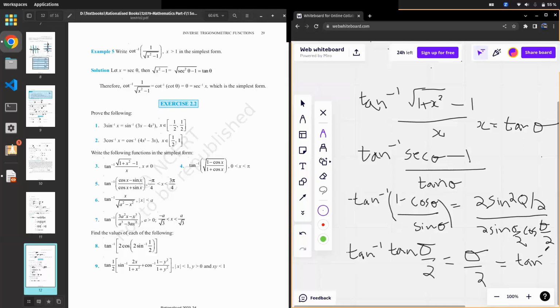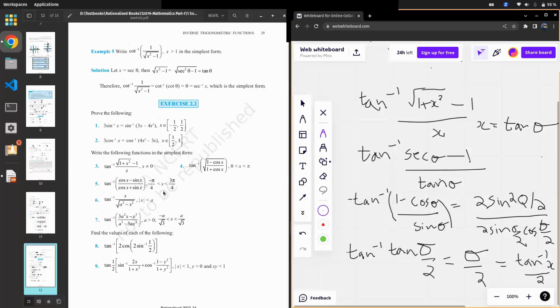So this is the simplest form we can get. So we should have knowledge about all conversions between sin, cos, tan, cot, and also we should have an idea about the multiples and submultiples of the values of the functions.